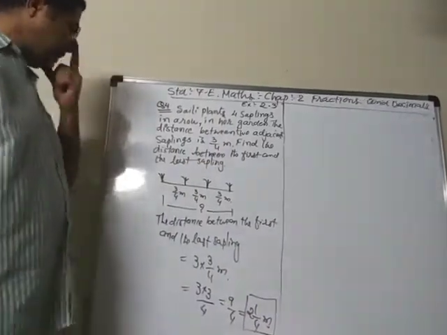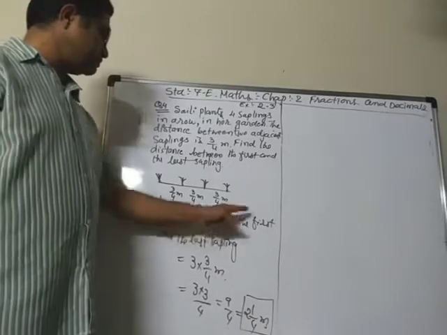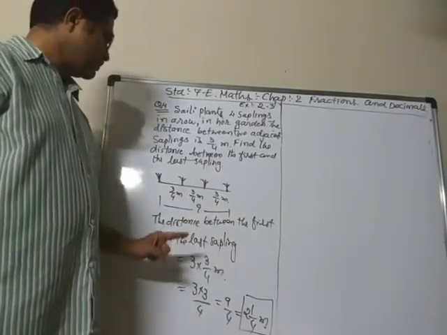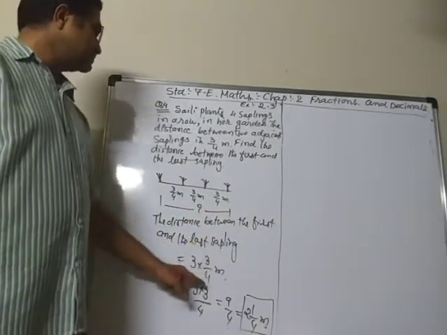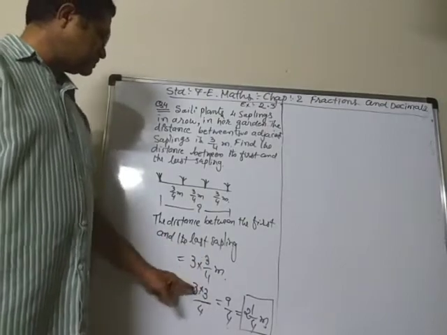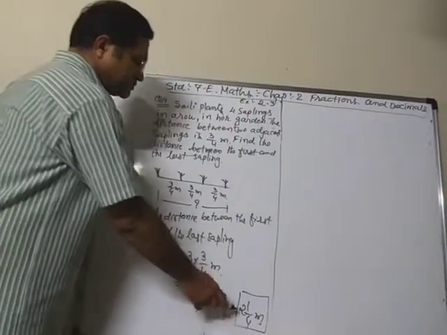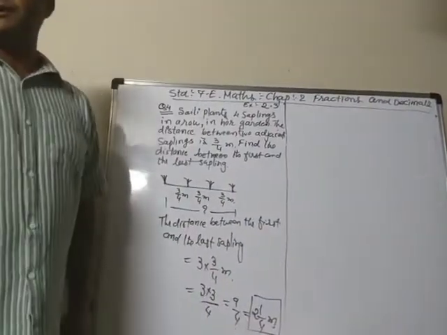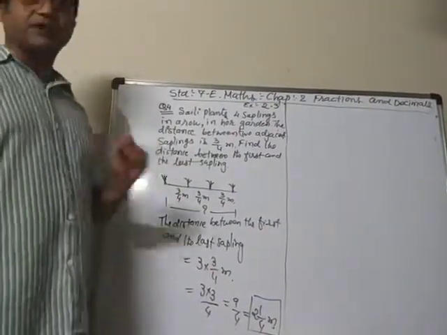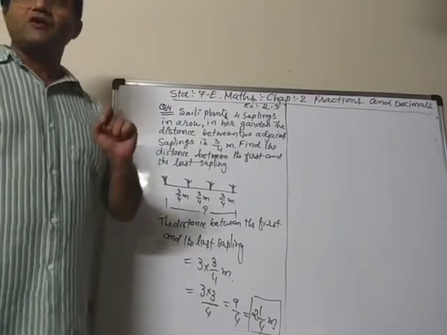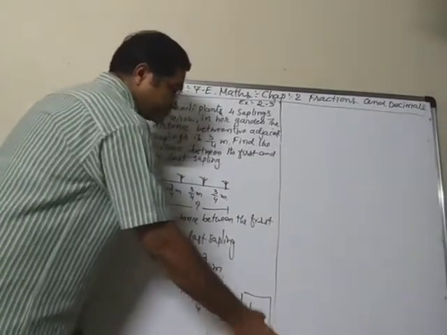So here you can see that the distance between the first and the last sapling will be 3 multiplied by 3 by 4 meter. So 3 3s are 9 upon 4. 4 2s are 8. So the answer is 2 integer 1 by 4 meter. So in this type of sums, you have to be very, very careful.